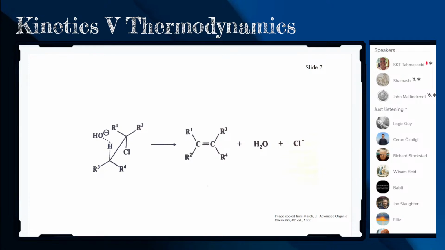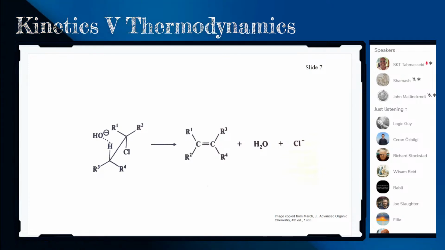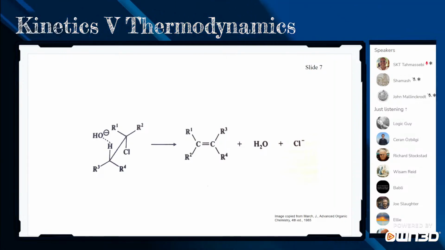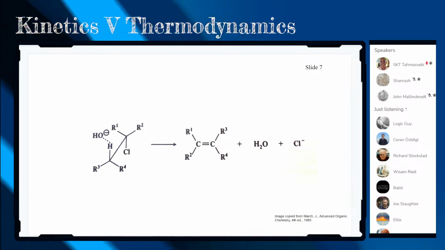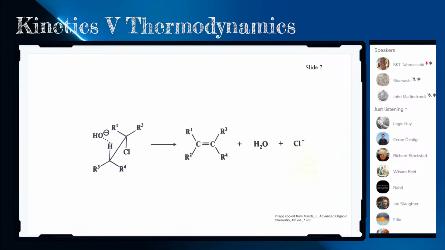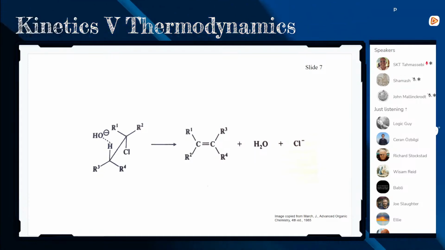So what can we tell about the delta S double dagger of this reaction? In the transition state, we have hydroxide connected to the hydrogen through a dashed line, and the hydrogen connected to carbon in a dashed line. What happened when we reached this?